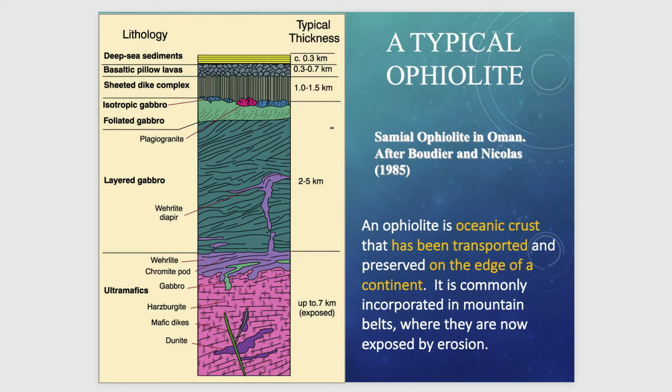So if you have a continental margin, you have collision, and you can scrape off chunks of oceanic crust that will end up being obducted on top of continental crust. It is commonly incorporated because of that in mountain belts, and this leads, of course, to exposure through erosion and weathering.